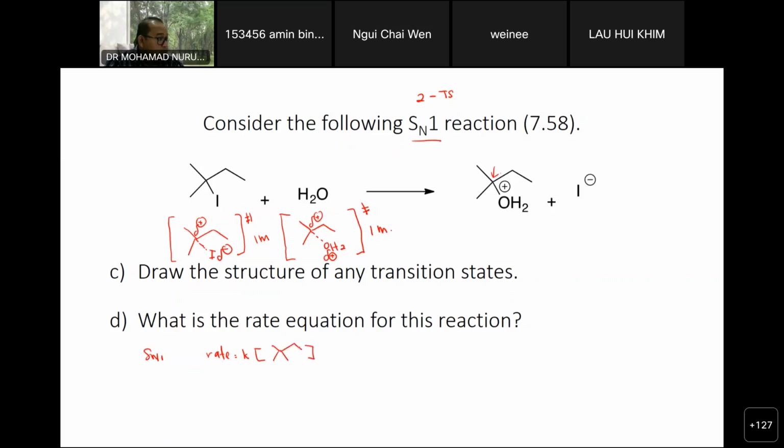I think that's all. Don't forget anything. So if the question asks what happens if we increase the alkyl halide 2 times, the reaction rate will increase 2 times. Or what happens if we increase the water concentration 2 times, the reaction rate remains the same. Is it okay?